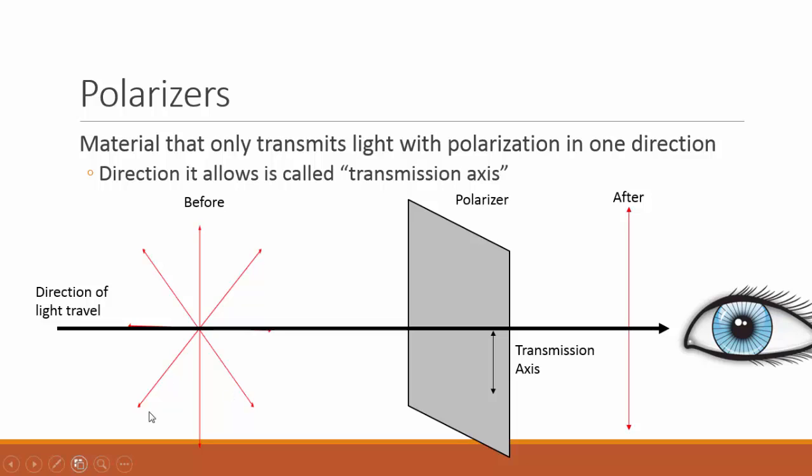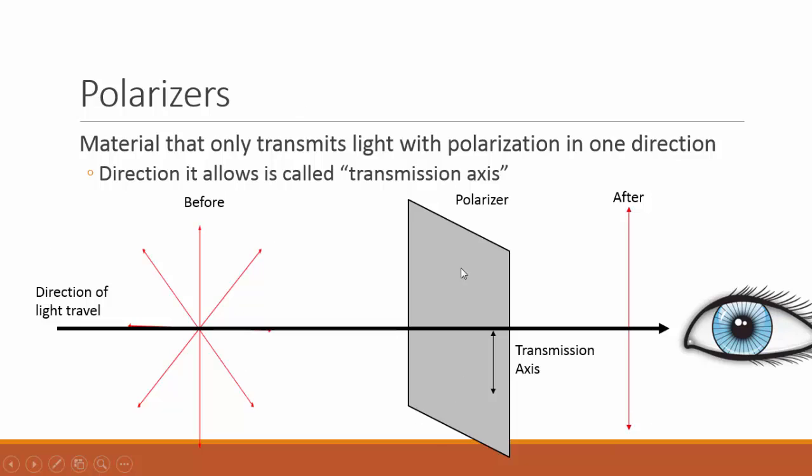So say before I have unpolarized light, and the light is traveling from left to right. The direction the electric field varies is going to be up, down, or left, right, or something along those lines, which I'm trying to show with these red arrows. This is my attempt to be 3D. The polarizer only allows it in the direction it calls the transmission axis, which in this case I'll take to be vertical.